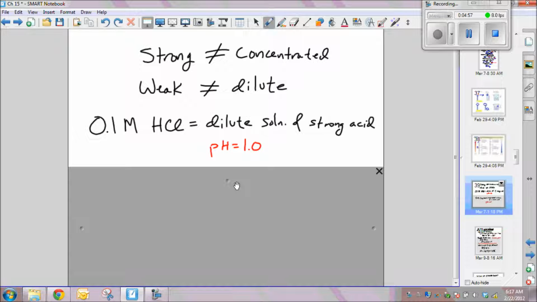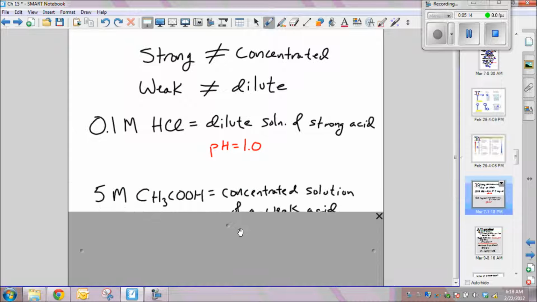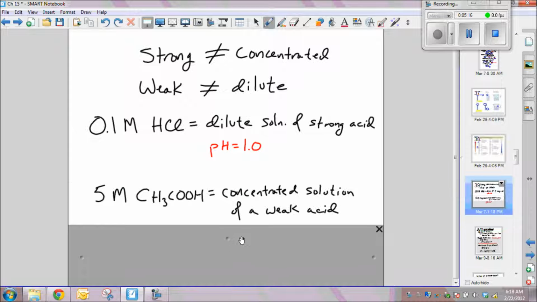Something like 0.1 molar HCl is a relatively dilute solution, only 1/10 of a mole per liter. However, if you take the negative log of the H plus concentration, the negative log of 0.1 is 1.0. This has a very low pH. It's a strong acid. However, let's take a concentrated solution of a weak acid, 5 moles per liter of acetic acid or vinegar.